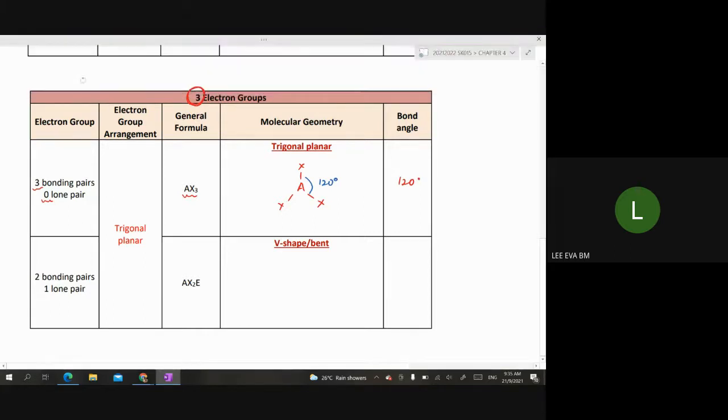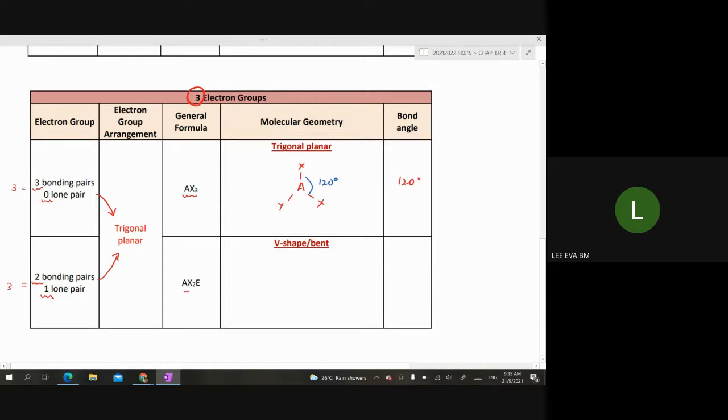Okay, but there is also the case where you have only two bonding pair with one lone pair. Sama juga total dia adalah 3 electron group. So dia bawa kategori yang sama, 3 electron group arrangement, Trigonal Planar.